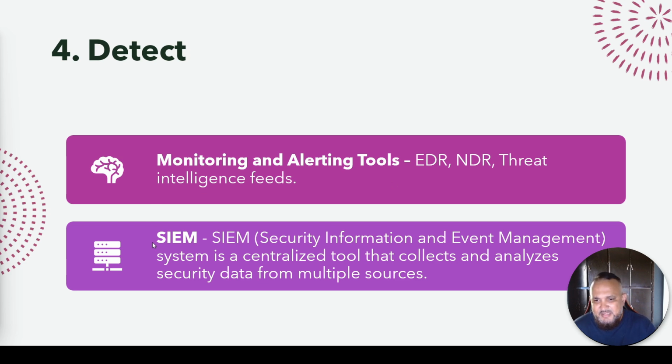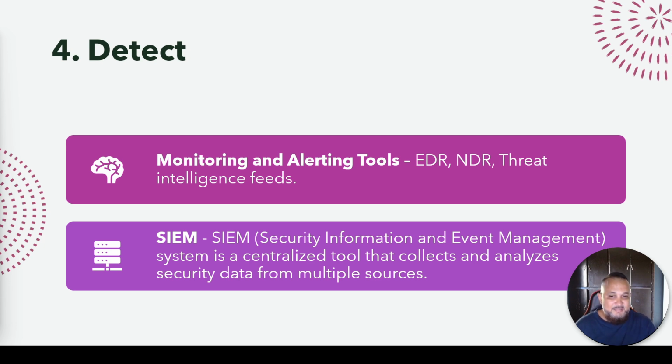And something like a SIEM, or Security Information and Event Management system, is something great to have. What this does is take all the data from our monitoring and alerting tools and aggregate it, providing a centralized platform to analyze, collect and store this data. So instead of you having to log in to all these different tools, you would have probably heard that phrase, single pane of glass.